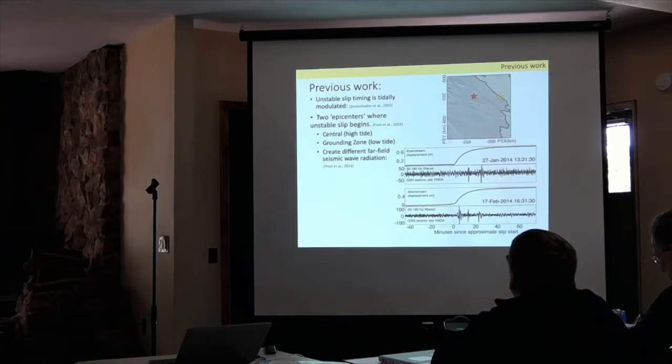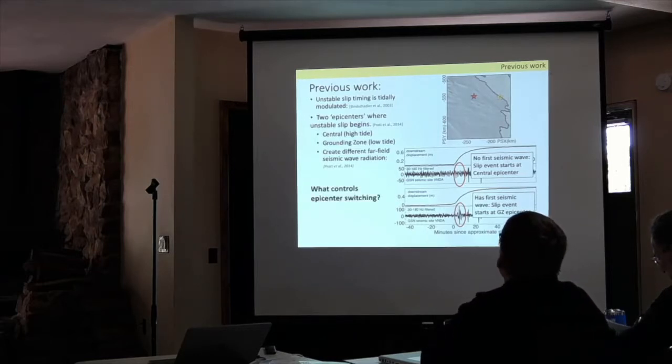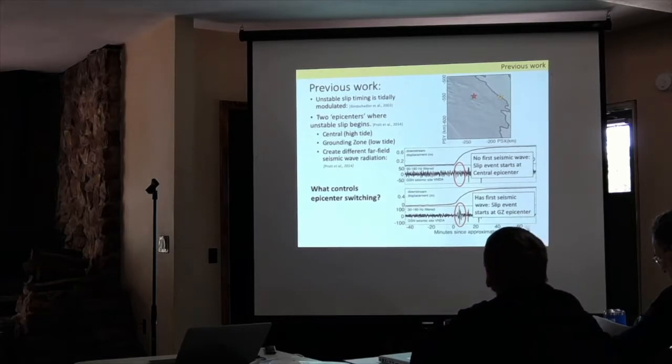The first one has two pulses of seismic wave radiation, and the second one has three. And so Pratt et al. suggested that if that first pulse is absent, slip starts at the central epicenter, and if the first pulse is there, slip starts at the grounding zone. So we have a little far-field diagnostic of where unstable slip started. But it's not really known why. Why are there two? Why did they switch back and forth? So maybe we'll get some constraints on that today.